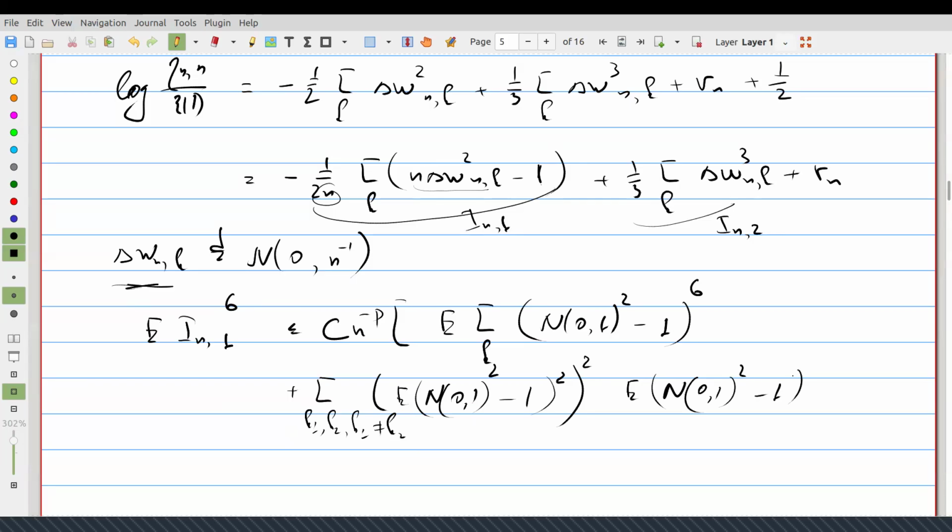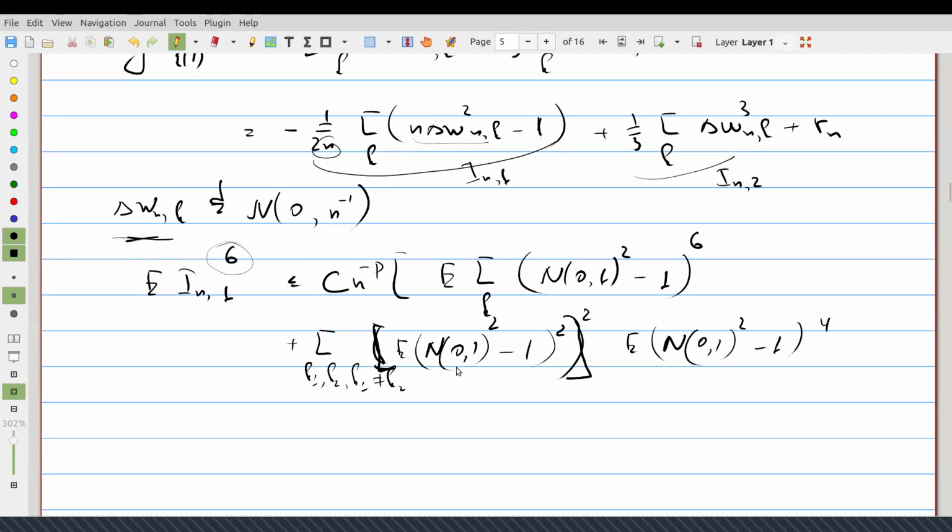And this is just to the power 4. And this is to the power 4. So we multiply, and I got rid of odd moments here in this expression.